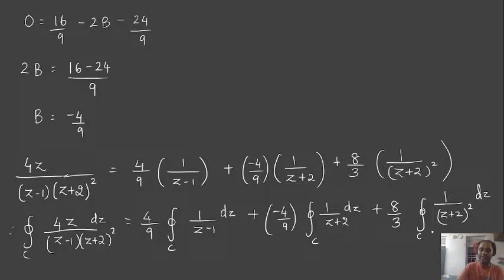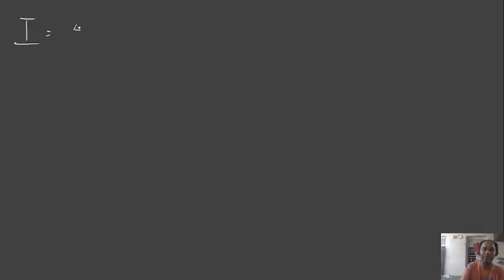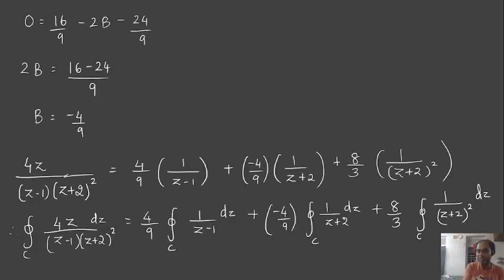Now the first integral, the first answer for the question here, you will have 4 by 9 times it, because that z equals 1 is inside the curve, the z minus 1 is inside, right?